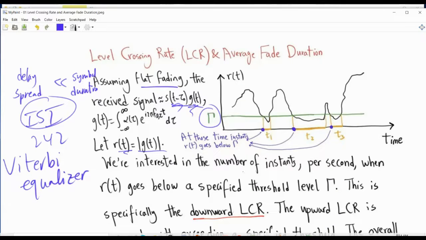This is the number of instants per unit time, let's say per second, at which R of t goes below gamma. The events we are interested in are those blue dots, because at those events, R of t is higher than gamma and then lower than gamma. So we want to know the average number of these per unit time, and that's called the downward level crossing rate.